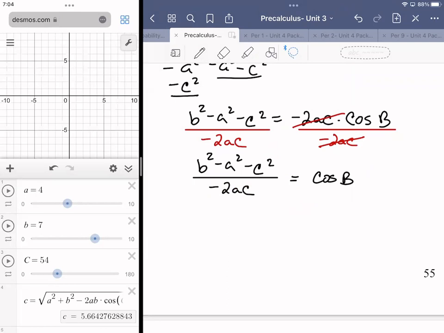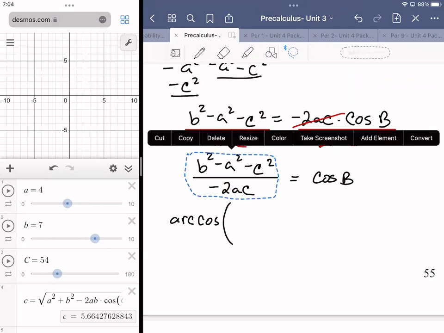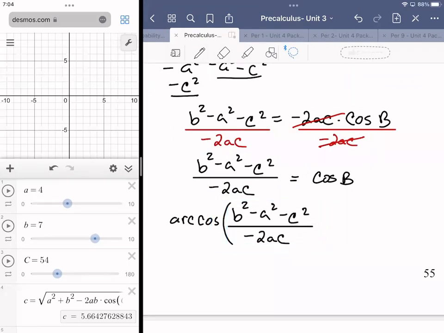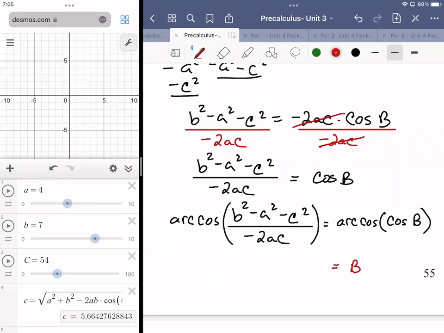All right. So I'd be looking at arc cosine of all of this would be equal to the arc cosine of the cosine of B, which in turn is just going to give me B, capital B, is equal to all of this stuff.